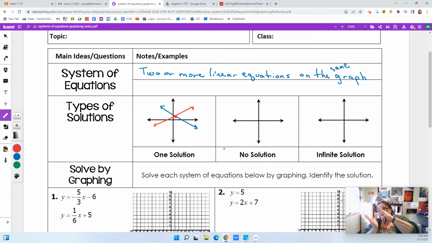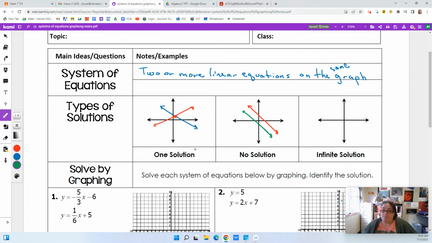What kind of lines never touch each other? Parallel, very good. So when we have no solution, we're talking about the graph of parallel lines. Let's see if I can make these look even remotely parallel. That's pretty good. It's not too bad.